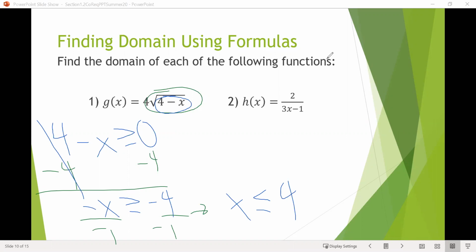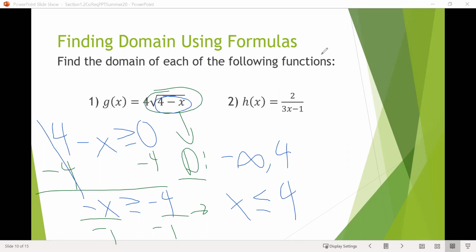And because we've been doing it with all the rest of them, let's write this in interval notation. So the domain here, being that x is less than or equal to 4, means it's 4 and everything below. So we would have negative infinity, comma 4, because it's 4 and everything below that, right?